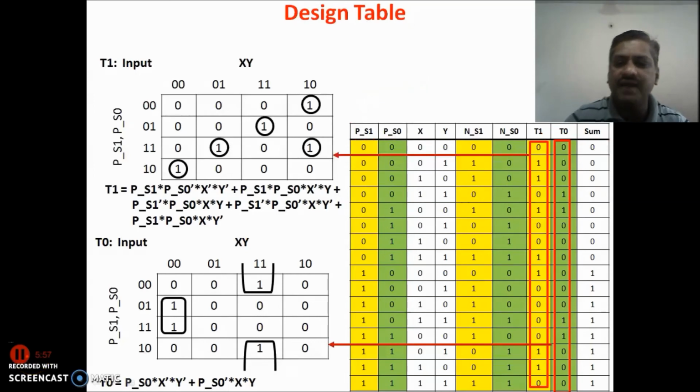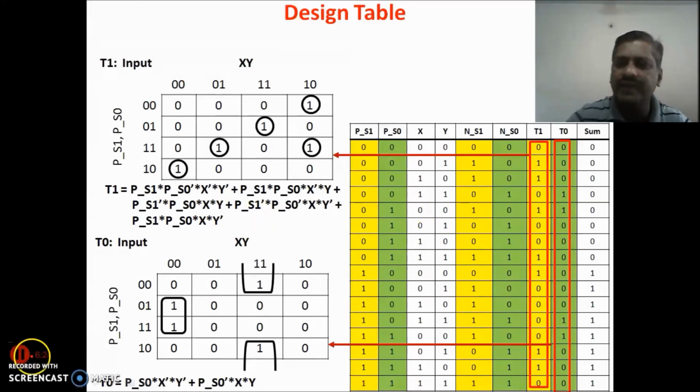Now we enter these values into the K-map, this is a 4 variable K-map. I have taken PS1 and PS0 on this side, and X and Y on the other side. After preparation, this is the equation, that is the Boolean expression.